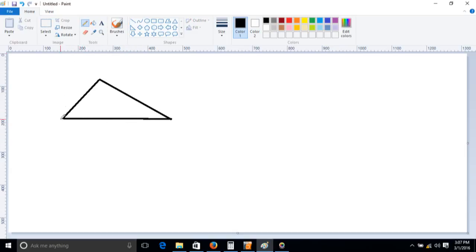You can see that the length of this side and the length of this side and the length of this side are different. You may find it hard to figure out whether this side is smaller or bigger than this side, but the fact is this side is smaller than this side.